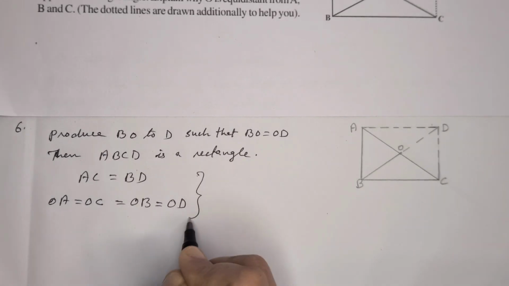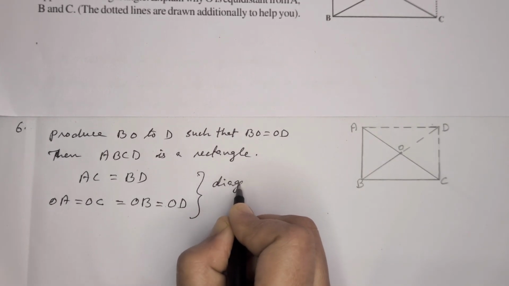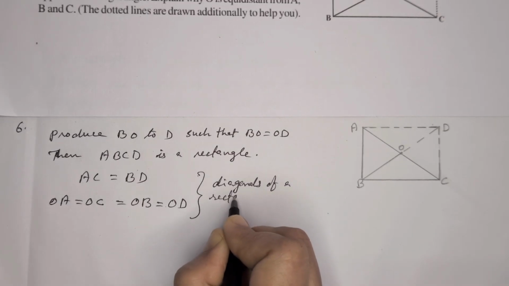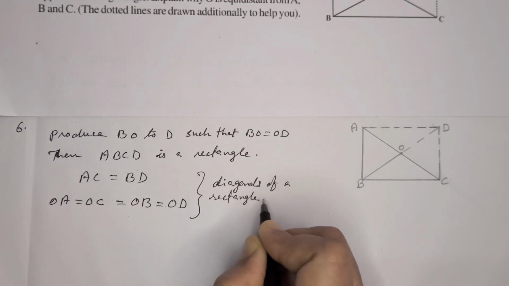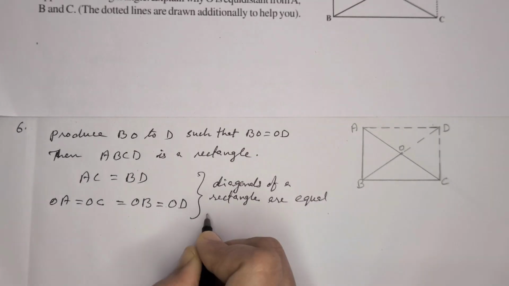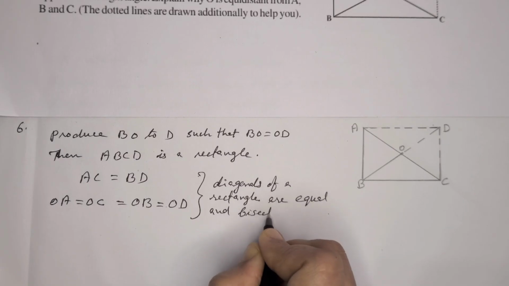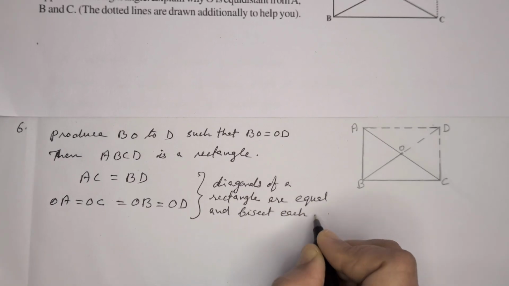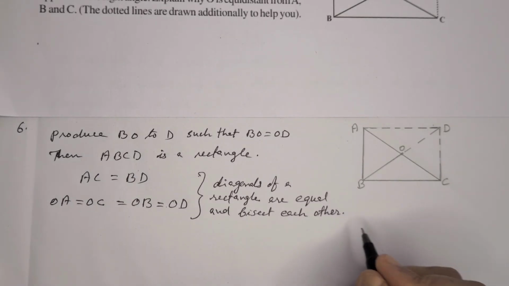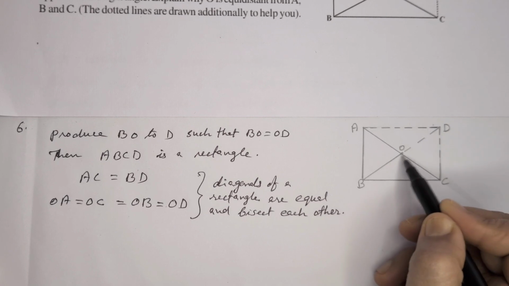The reason is diagonals of a rectangle are equal and bisect each other. That means OB is equal to OD by bisecting.